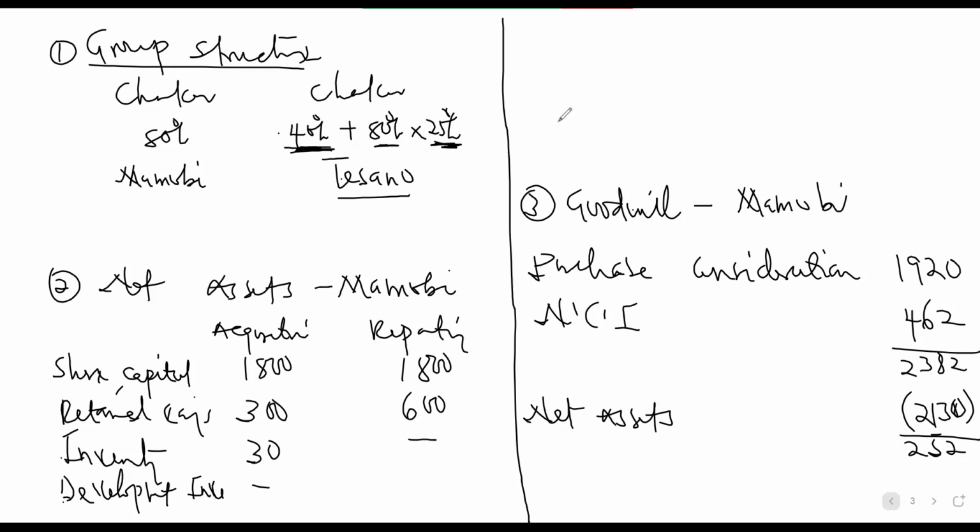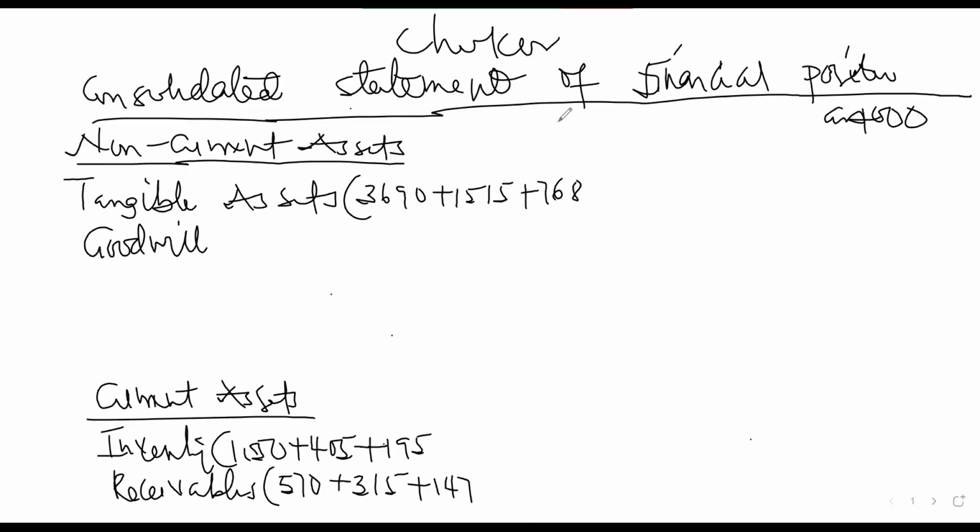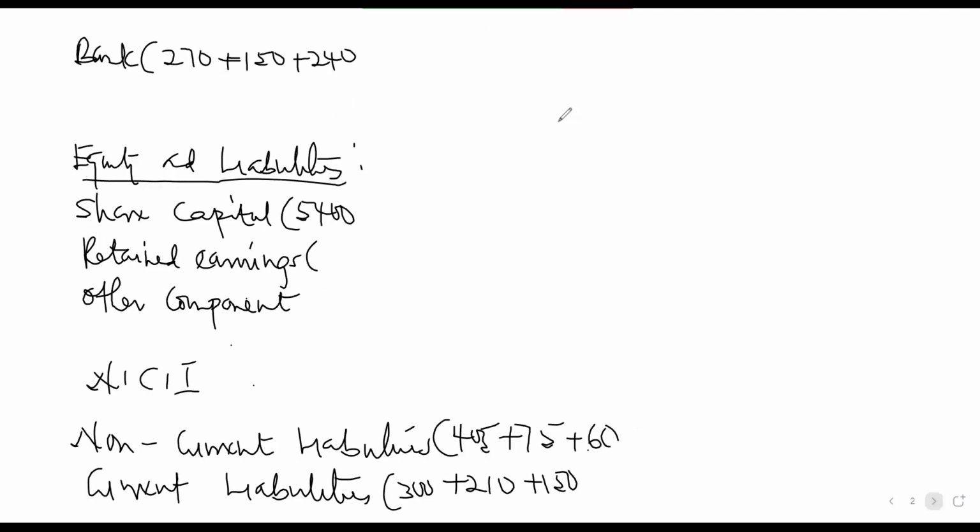We put a dash here because this is for the current year, and the current year will always be at reporting, after post-acquisition. Mamobi was acquired on 1st July 2018, but the reporting period is 30th June 2021, so this is post-acquisition. This will be 60 here. You take the 60, then you go to the statement of financial position and also take 60. I hope we are okay with that adjustment.